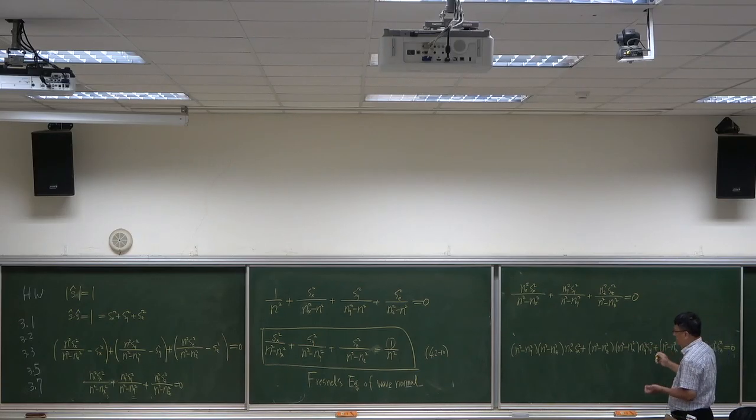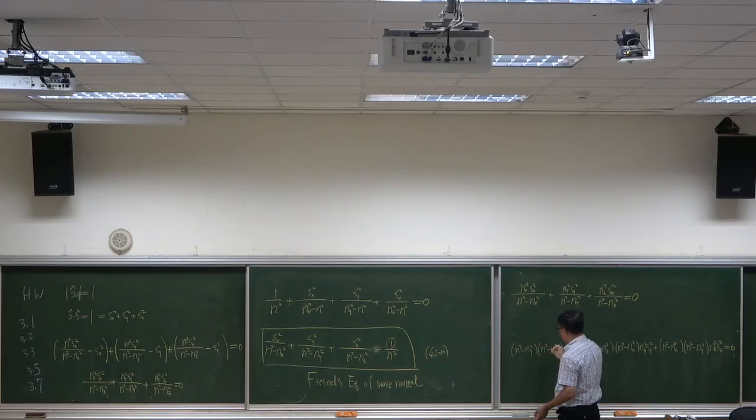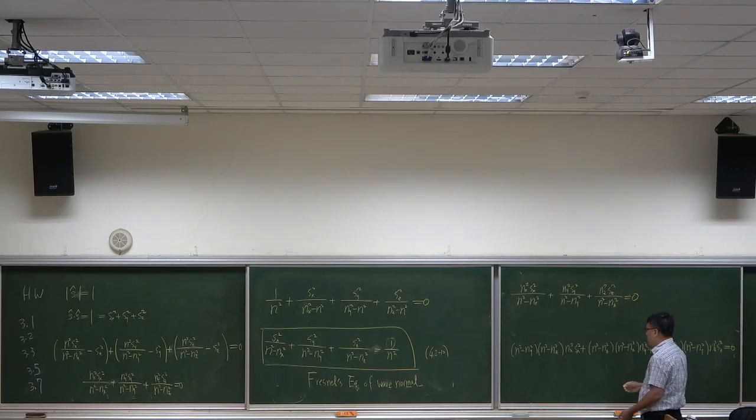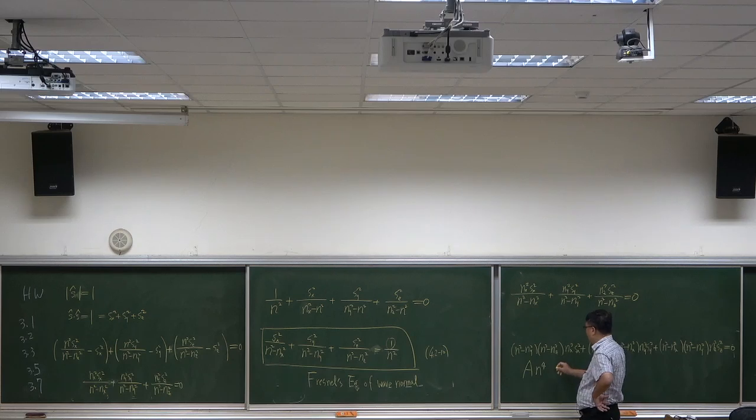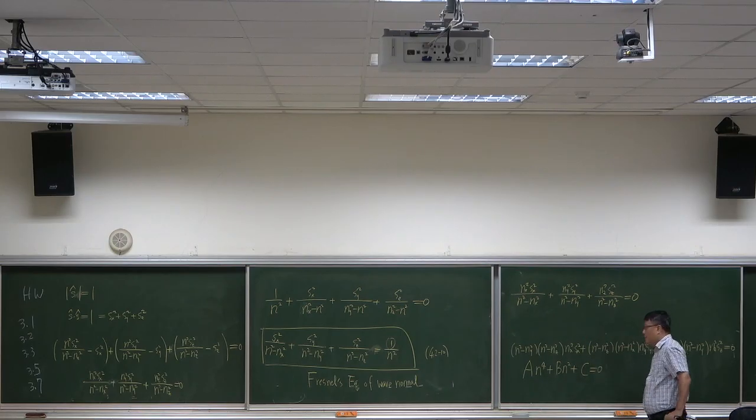Simple observation tells you that the equation is a fourth power equation, which has the form a n to the fourth power plus b n squared plus c equals 0.